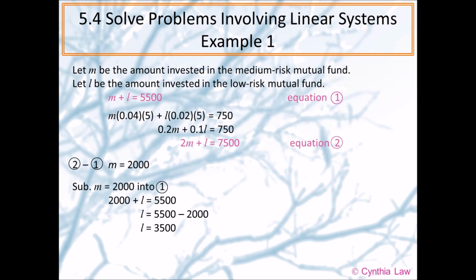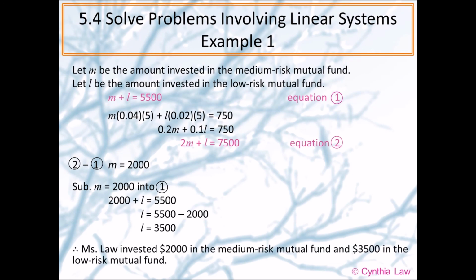So now I'm going to write down my conclusion. Ms. Law invested $2,000 in the medium risk mutual fund and $3,500 in the low risk mutual fund. I remember to write down the unit in the concluding statement, and I also make sure that I'm answering the original question.